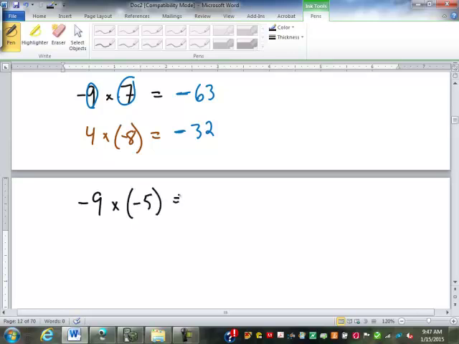Is that answer going to be positive or negative? It's going to be positive. When we have two negatives multiplied, we always make a positive. And now what is 9 times 5? 45. So it's a positive 45.